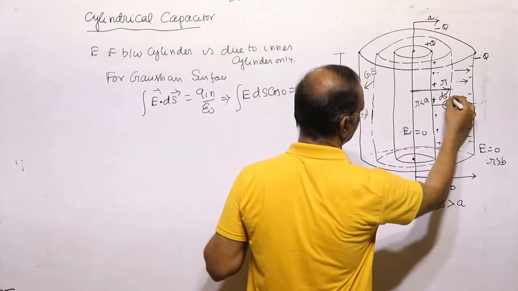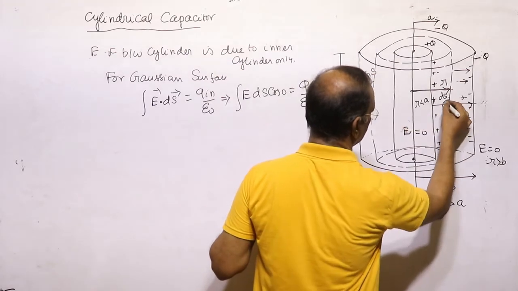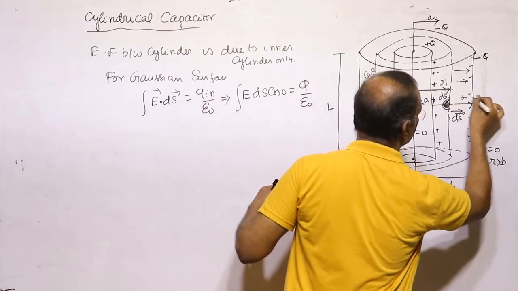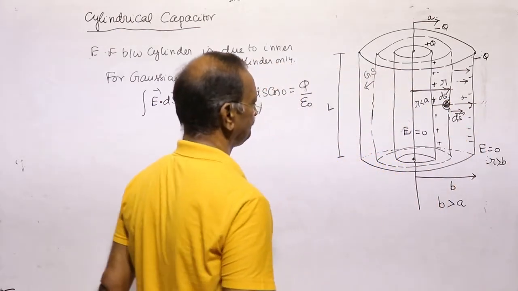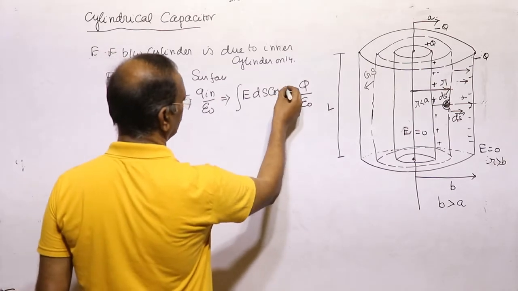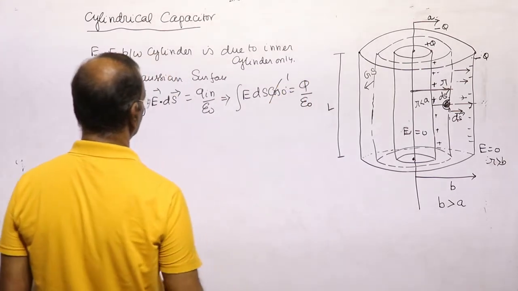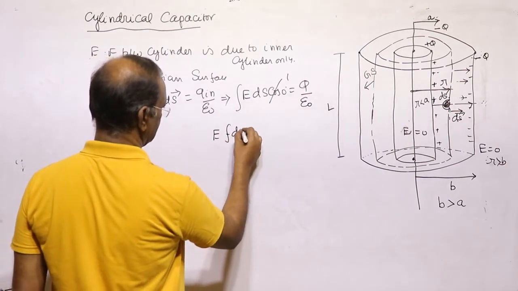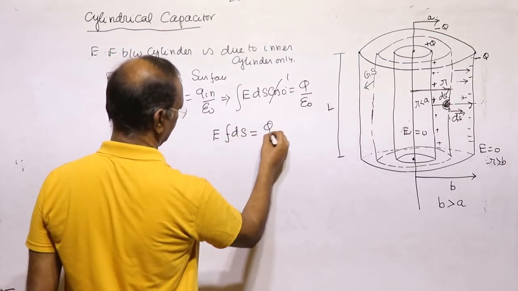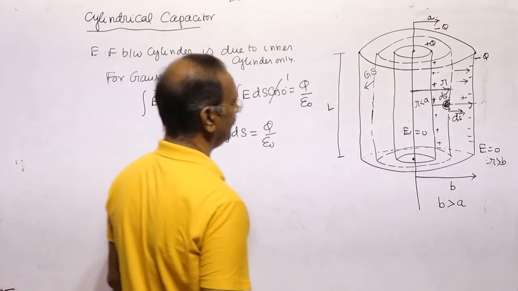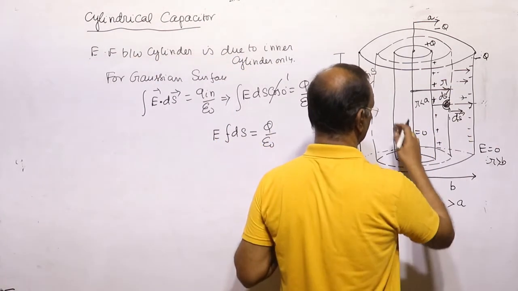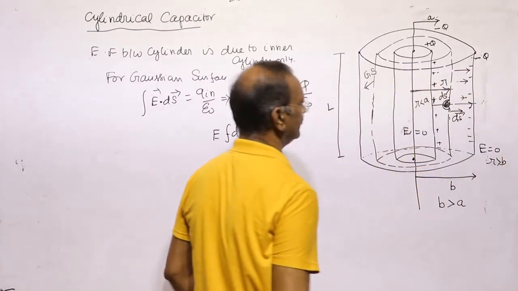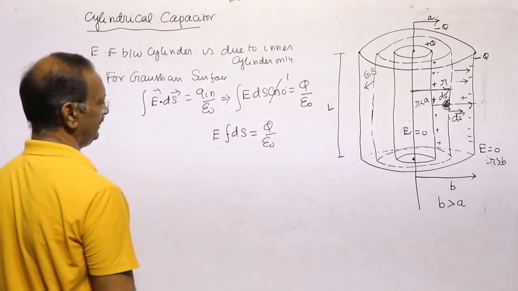The ds vector is this side, the electric field is radially outward, so cos 0 is equal to 1. Therefore electric field into integral ds is equal to q by epsilon naught. This is plus q, because only this charge is included in the Gaussian surface; the minus q is outside the Gaussian surface and is not to be counted.